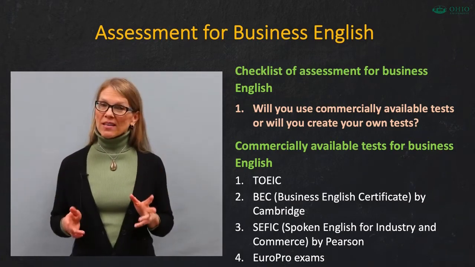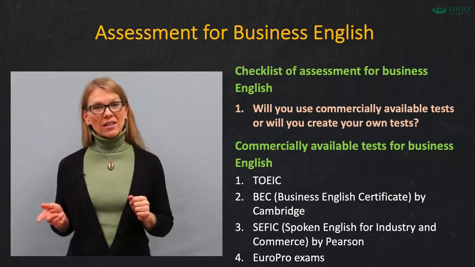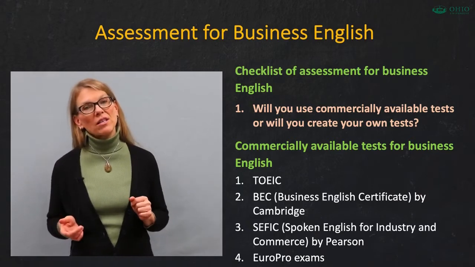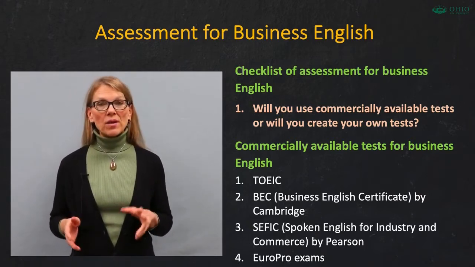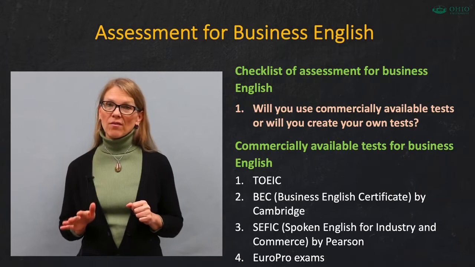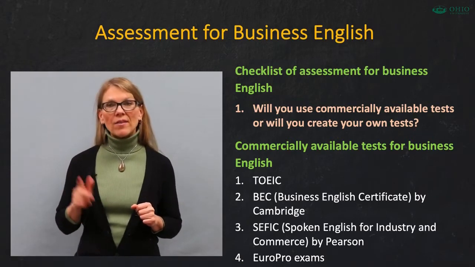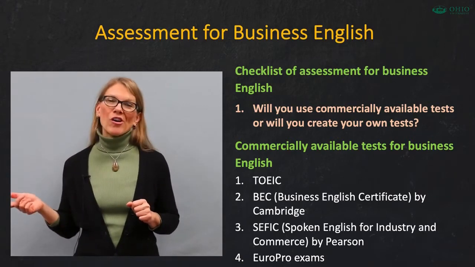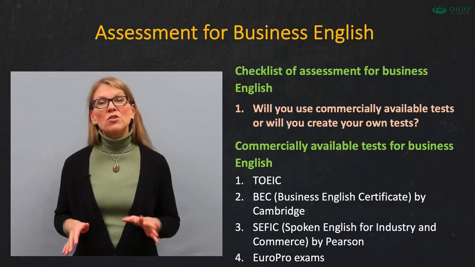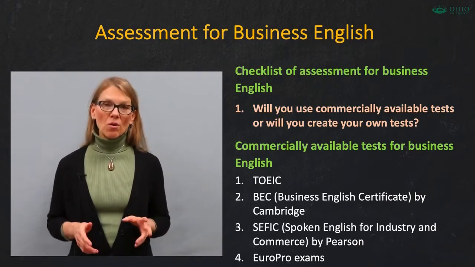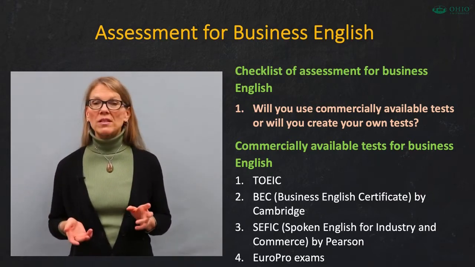The next one is SEFIC, or Spoken English for Industry and Commerce. This one was developed by Pearson, and there are 5 different levels: Preliminary, and then levels 1 to 4. The last one I want to introduce to you is the Euro Pro exams for professional and business purposes.